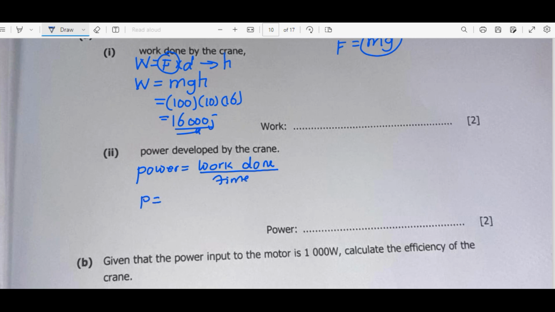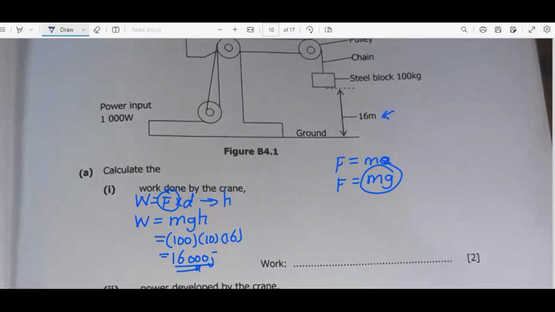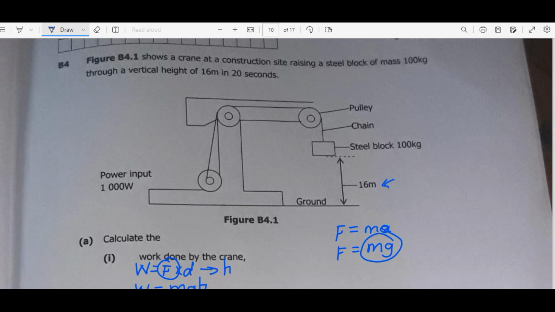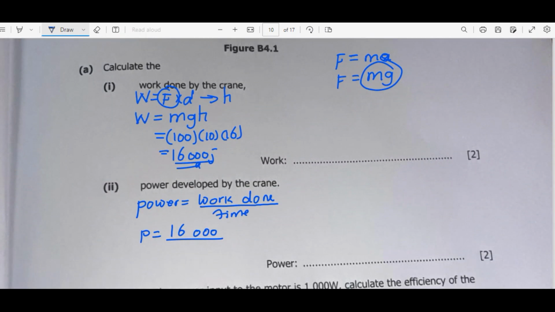Remember, the work done we have calculated is 16,000 over the time, and we were given the time as 20 seconds. Whenever you have the work done divided by the time, you get the power. So 16,000 divided by 20 will give us 800 watts. This is our power for this question.